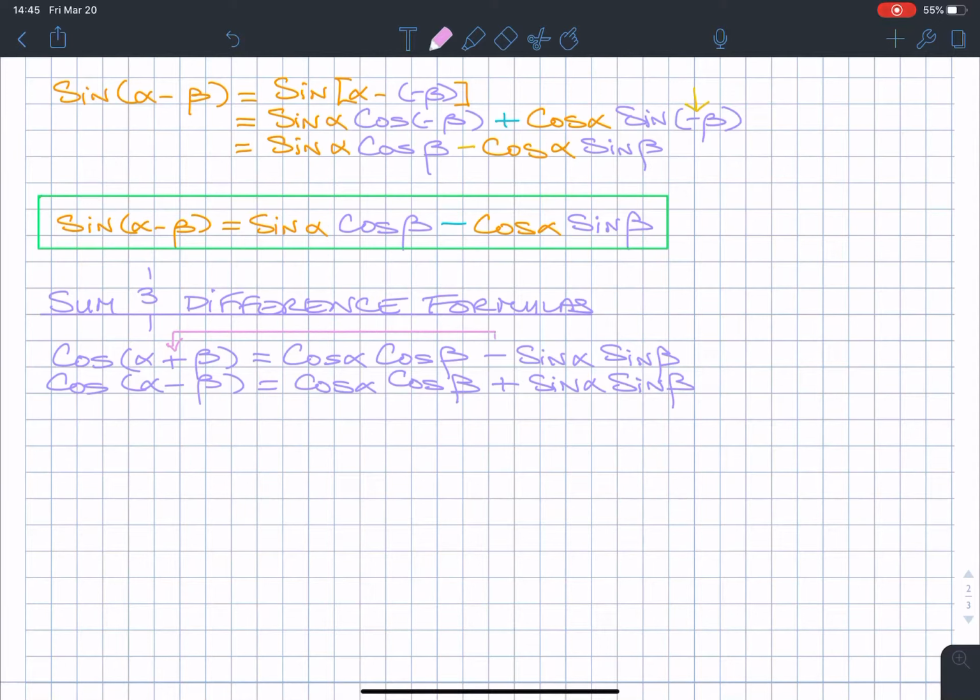So if it's alpha plus beta, then I know I'll have a negative. And if it's alpha minus beta, then I know I'll have a positive in my sum to the right. What's more, cosine puts himself first twice. So he changes the sign and he puts himself first.